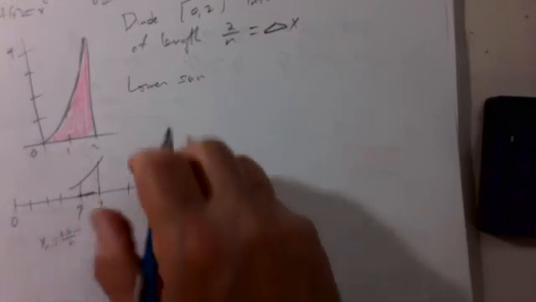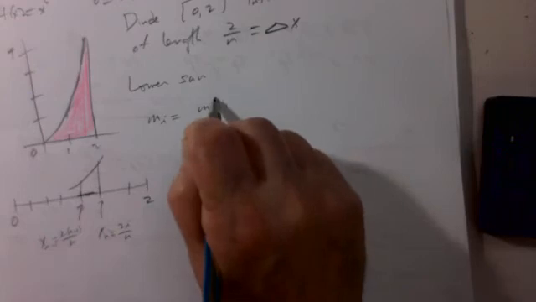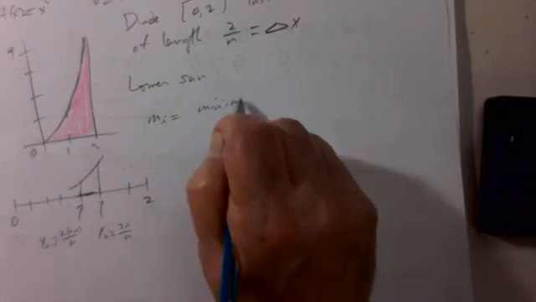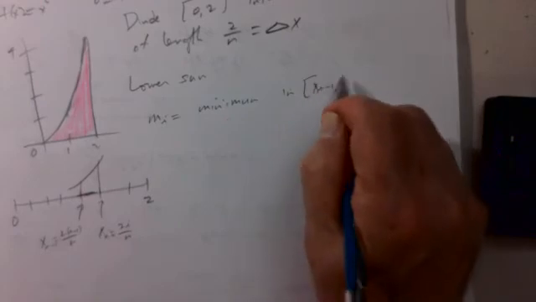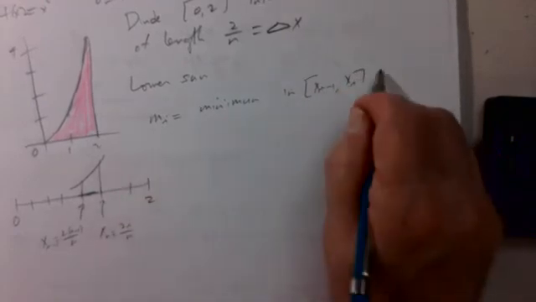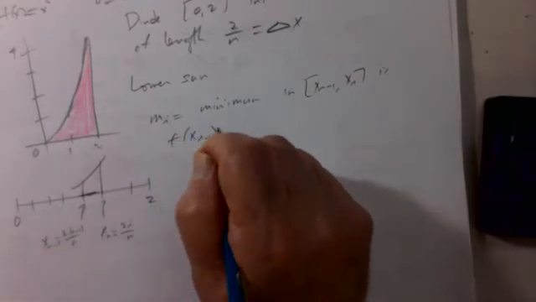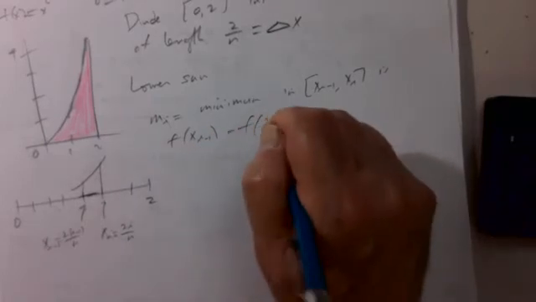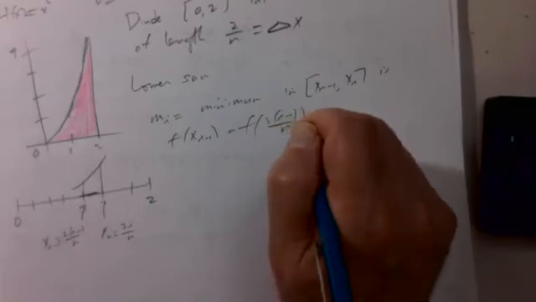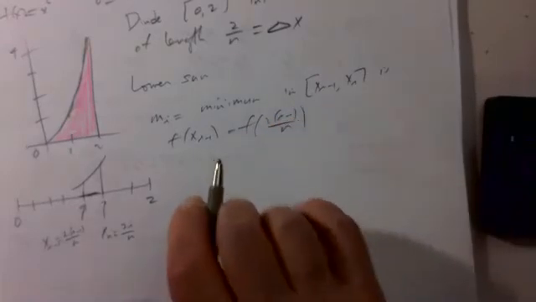So m sub i, which is the minimum value of the function in this interval, is just the value of the function at the left-hand endpoint, f of x_{i-1}, which is f of 2 times (i minus 1) over n. Yeah, that's what it is.